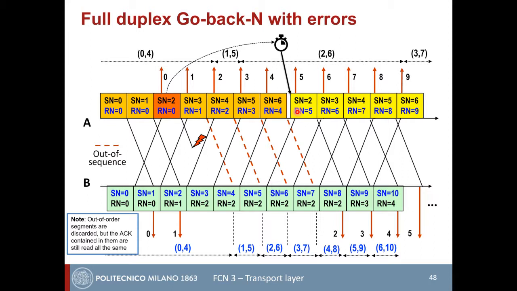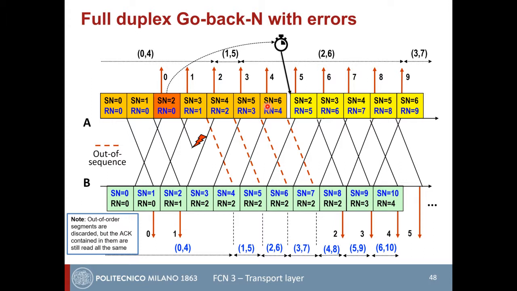Okay. And you can see that there is also a gap here because since the window was blocked, before this expiration of timeout, A reached the top of the window. Okay. So the last packet that A was permitted to send is Sn equal to 6.